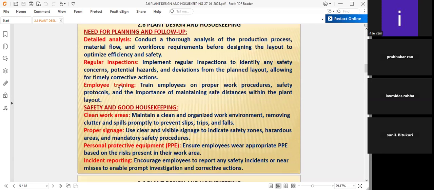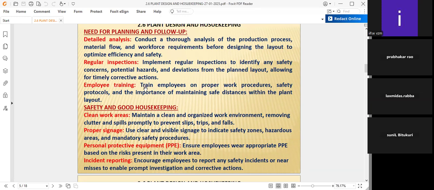Employee training is also important. Definitely, after the construction, we will see this during the plant layout itself. Before approval of the plant layout, we have to involve all the employees, from operators and assistant operators up to the technocrats, that is, the whole workforce, in employee training also.